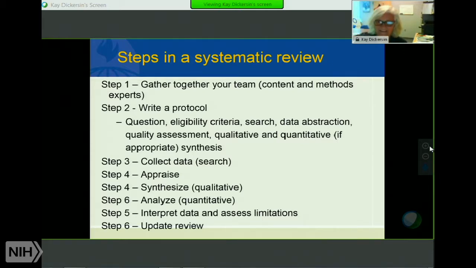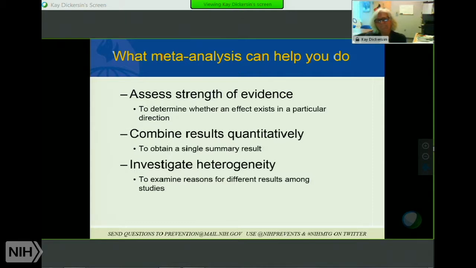And theoretically, it's easier than the initial review because you have the protocol, et cetera, and you know what you're going to do. But often in a hot area, there can be a lot of brand new studies, and it can be hard.